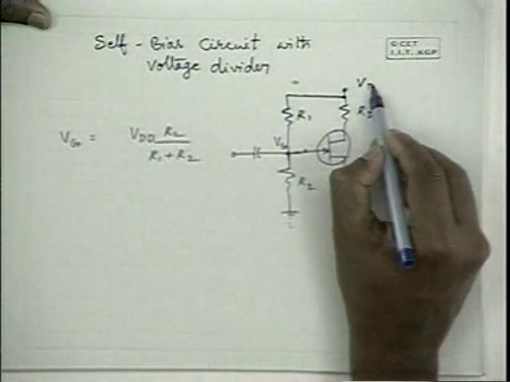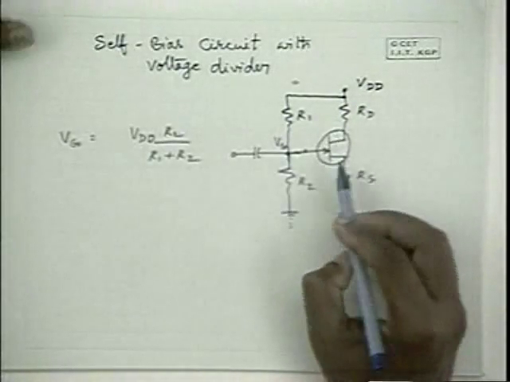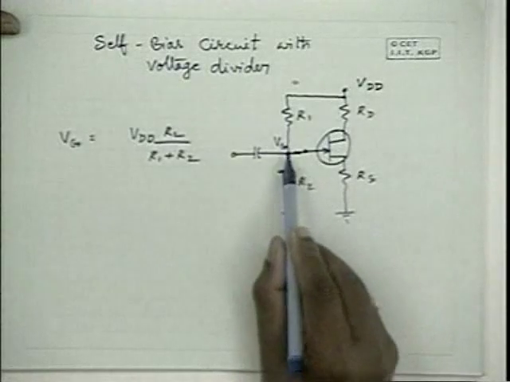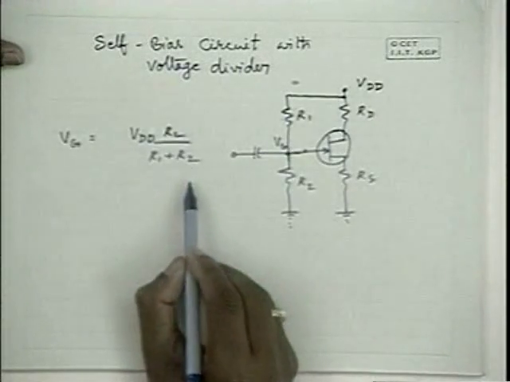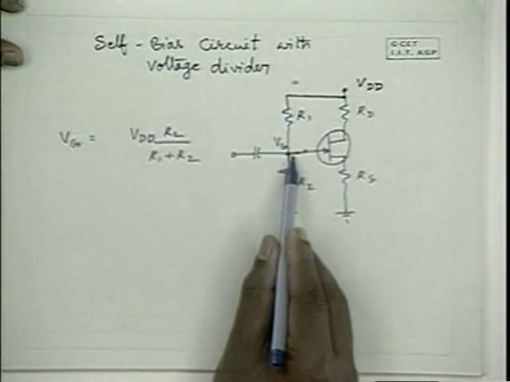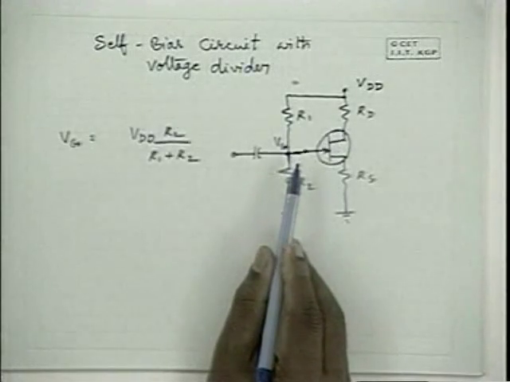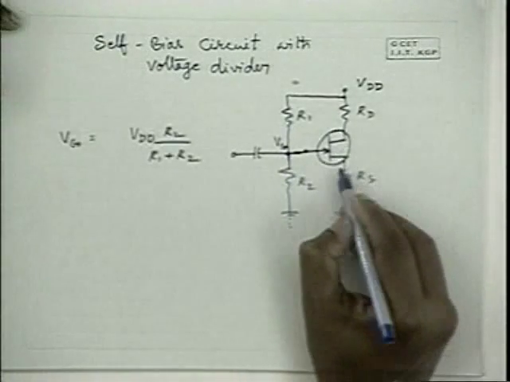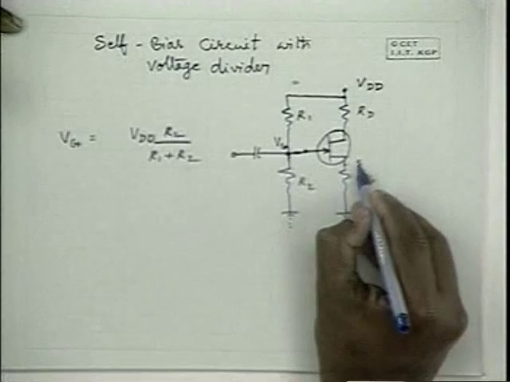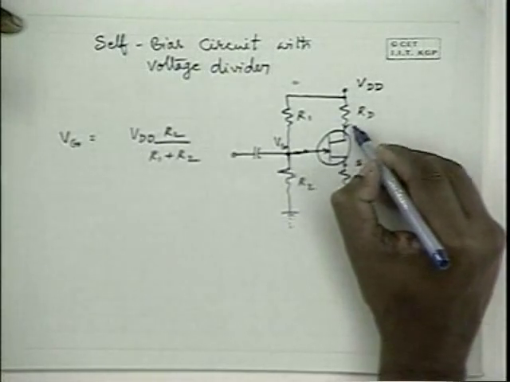Therefore, VDD is divided between R1 and R2, and what you get here is VDD into R2 by R1 plus R2. That is this potential. It is not zero like in the previous case. And what is the source potential here with ID as the drain current?